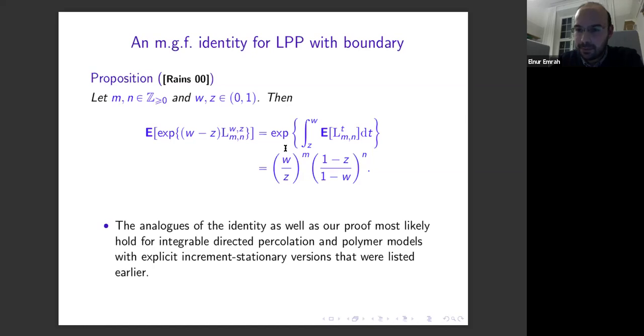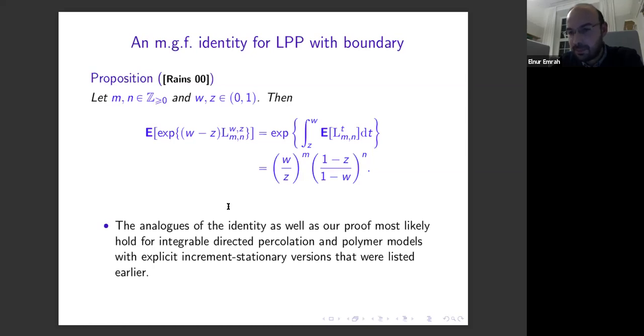Okay, thank you for this explanation. So you use this formula for W less than Z to obtain tail bounds? We do both, but to obtain the exit point bounds, let's consider the situation near the characteristic direction.